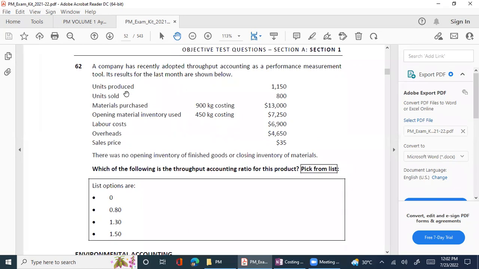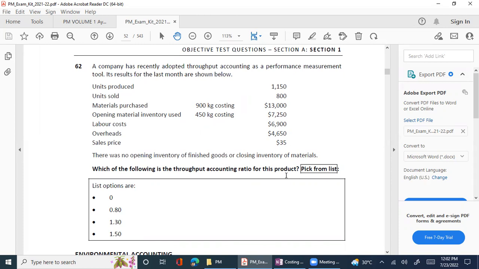Its results are units produced, units sold, material purchased, opening material, labor cost, overhead cost, sale price. There was no opening inventory of finished goods or closing inventory for materials. Which of the following is the throughput accounting ratio?